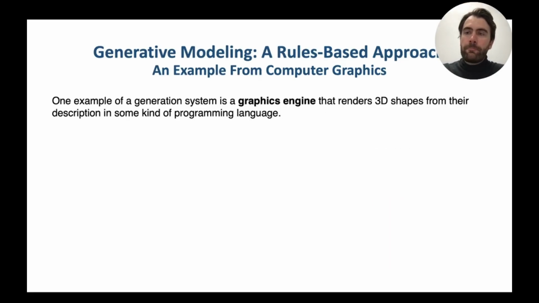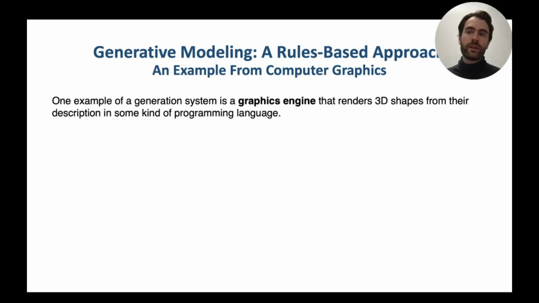Now, the kind of generative model that we will be studying in this course will have a certain form. We're going to focus on a particular type of generative model. To better understand that, I want to contrast the generative models that we're going to see in this course with another type of generative system that you may be familiar with, which is a graphics engine that may be used in your favorite video game.